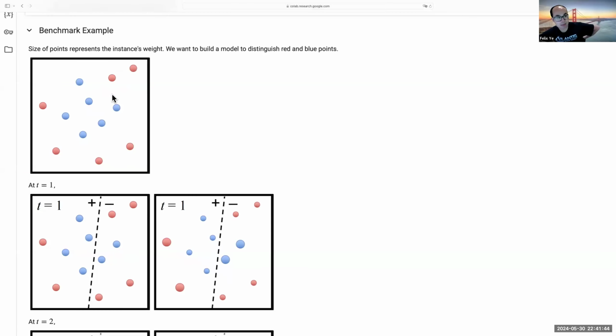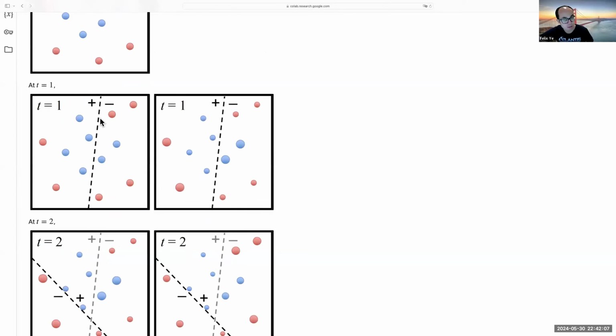Say we have some points. Right here, we have some red points and some blue points. We want to build a model to distinguish them. And at this point, we assume each ball has uniform weight. So the size represents the weight, and each one has a uniform weight.